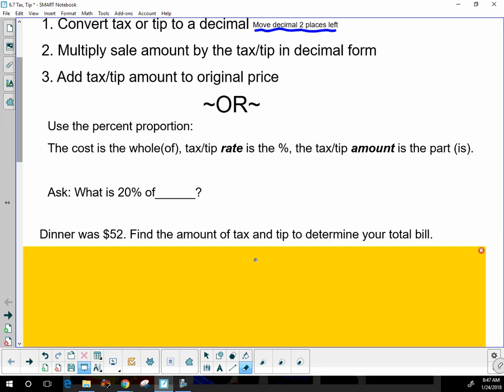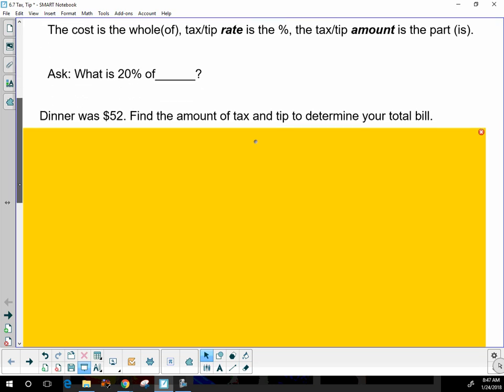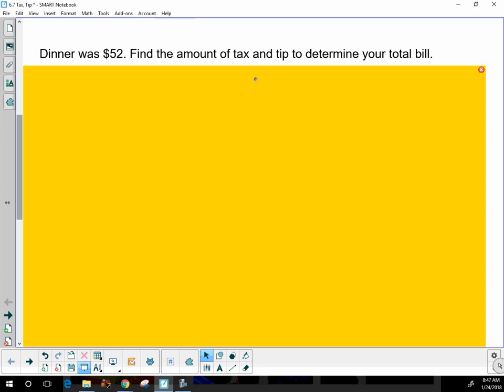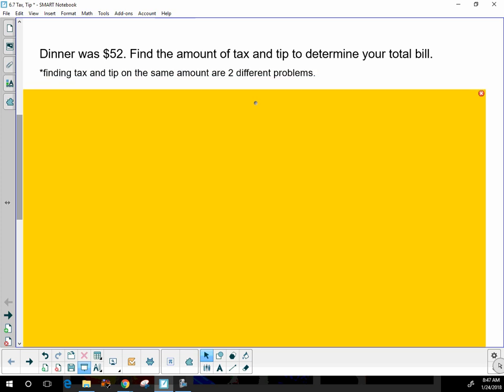Let's try this example. If dinner was, say, $52, find the amount of tax and tip to determine your total bill. If you want to pause this video and try that example, here's one thing you need to know. Finding tax and tip on the same amount are two totally different problems. Remember before, I did the tip of 20% on $20, found out that I would give her $4, but then we went and multiplied not $20, we multiplied 20.